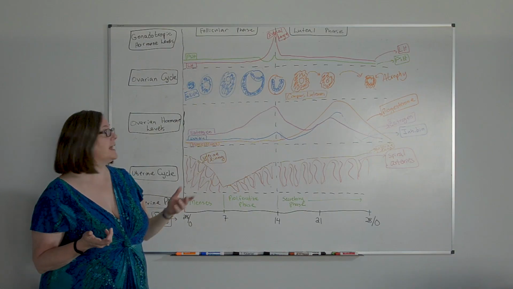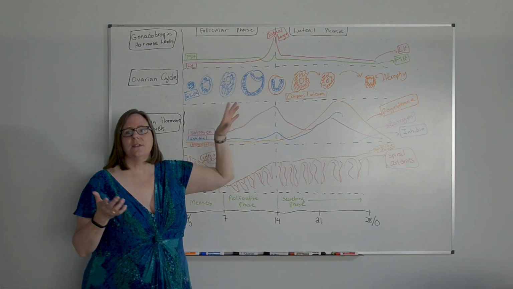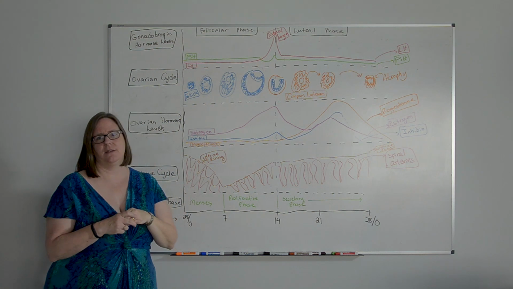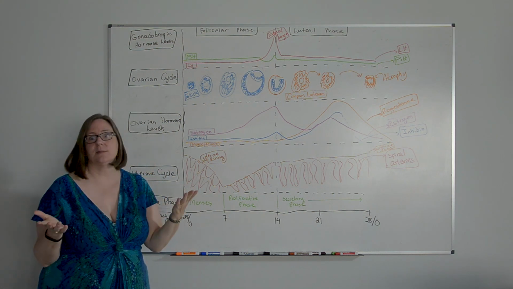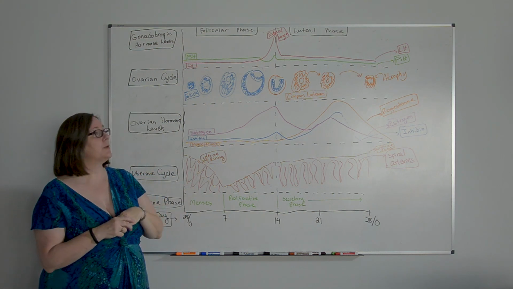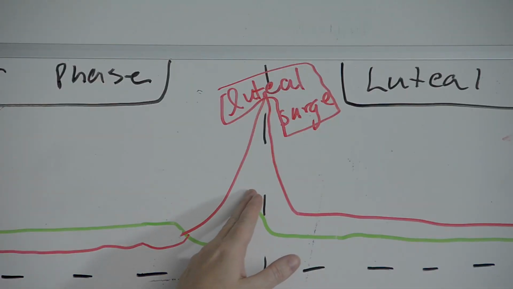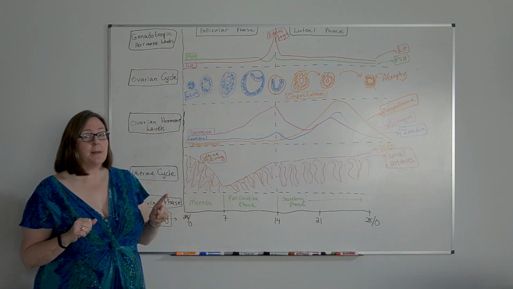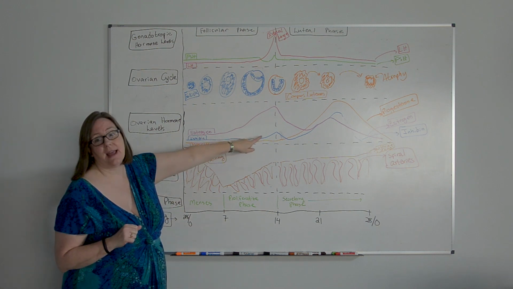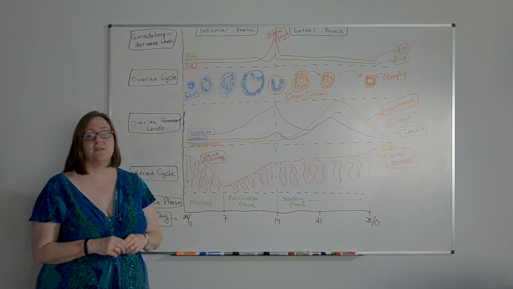At this point, when estrogen gets super high, there's actually a positive feedback effect of estrogen on the brain, just to make things more confusing. So suddenly the brain wants to release more FSH and LH. The brain tries hard to release both. But remember that we have inhibin in action, which prevents the release of FSH.